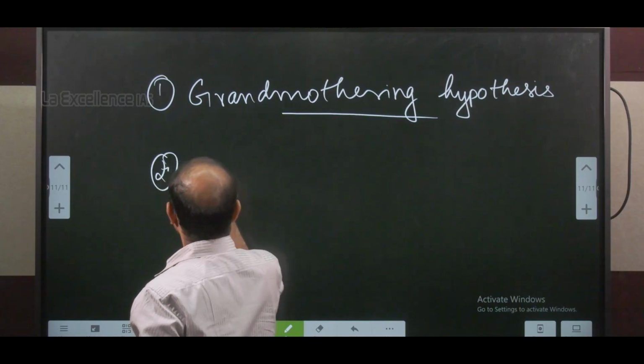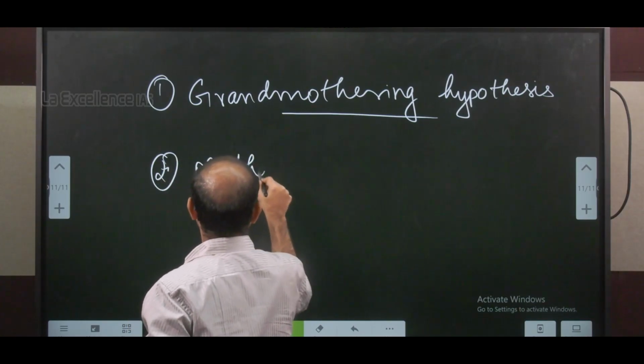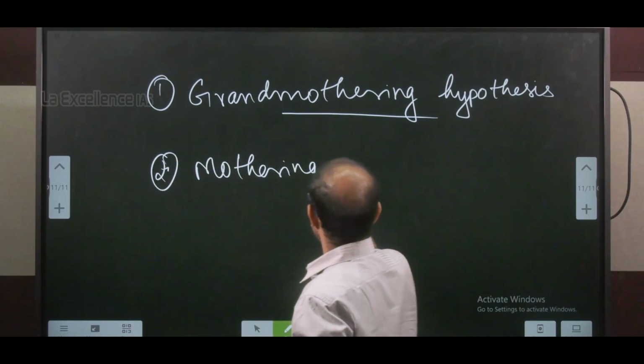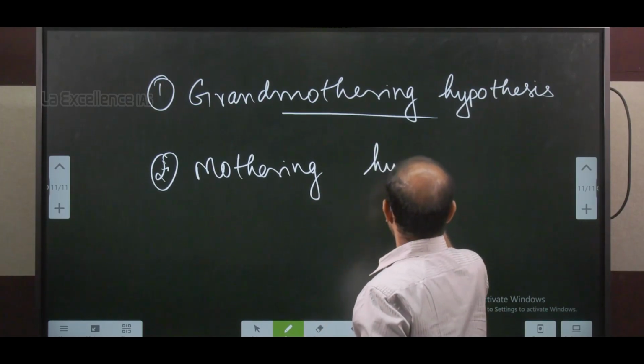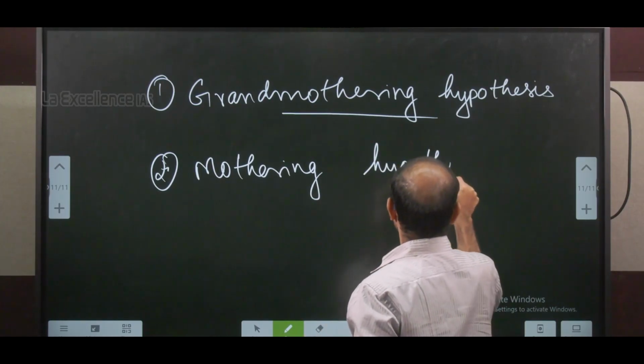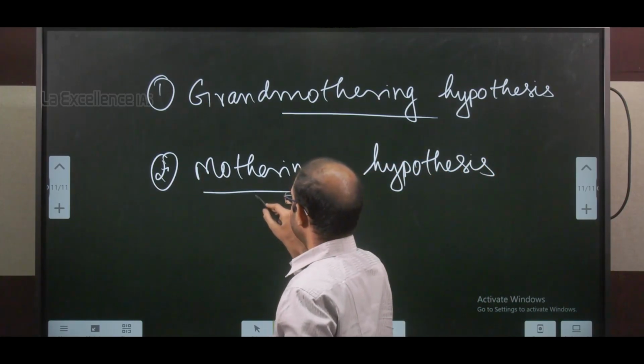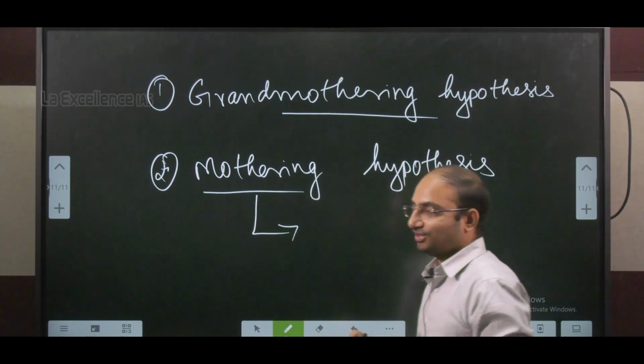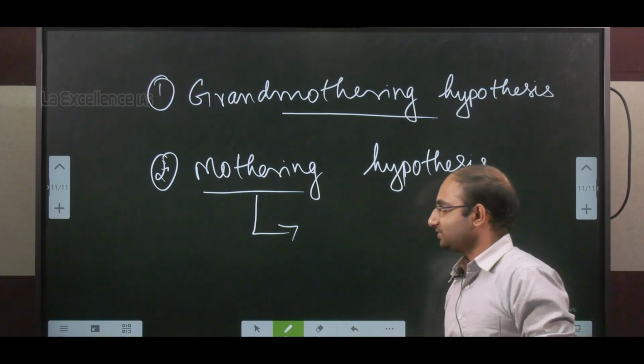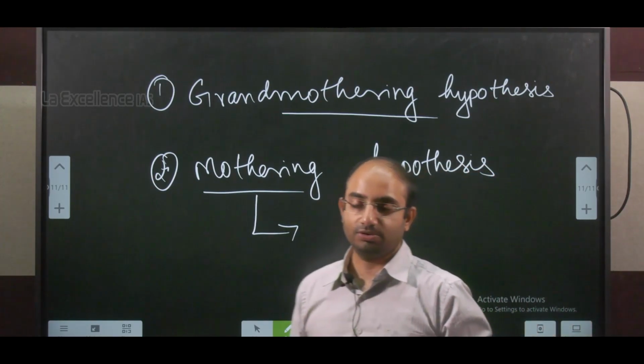The second one is called the mothering hypothesis. The mothering hypothesis is telling that no, it is not that we should be good grandmothers. The reason for a long life after menopause is that you can be good mothers.